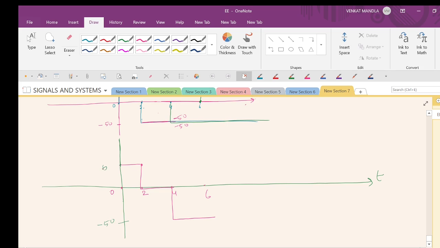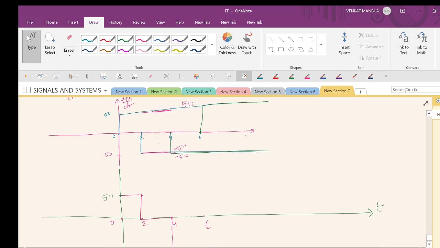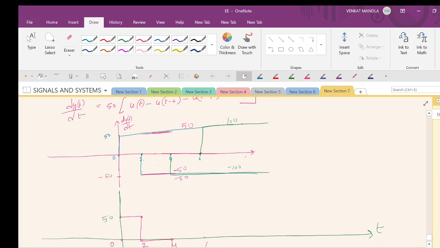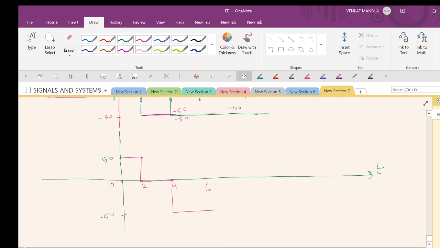This is plus 50. Next, from 6 we have two lines again. Above this is 100, below minus 100. If we add these two you will get 0.